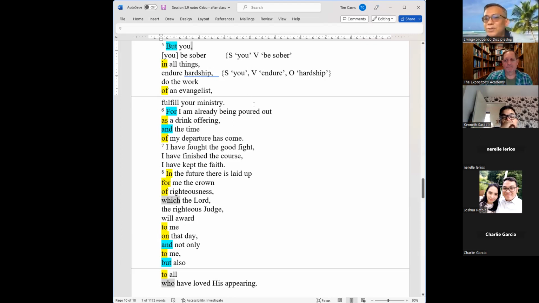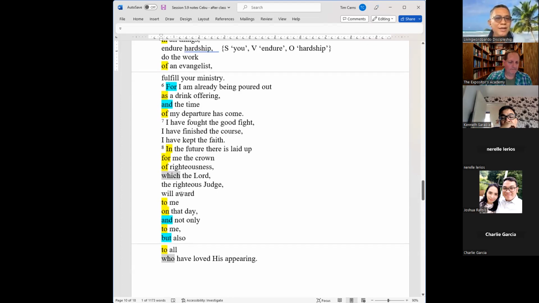So then I also have a question in verse 8. The "in the future," is it a prepositional phrase that could also modify the rest, "laid up"? Yes, so we could separate "in the future" and the rest, "laid up."